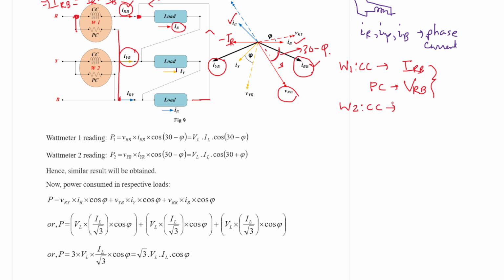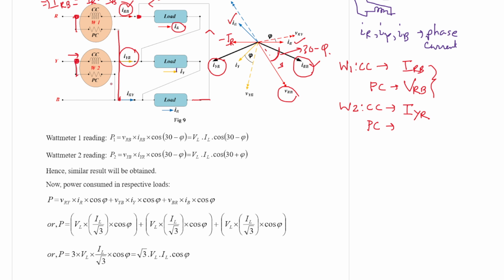On the other hand, for wattmeter 2, the current coil will measure IYR, and the pressure coil is measuring VYB.